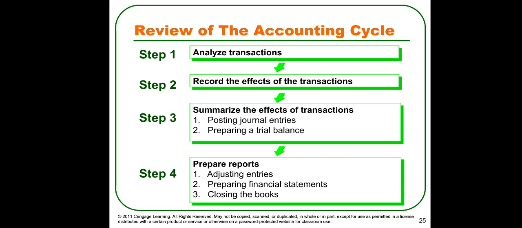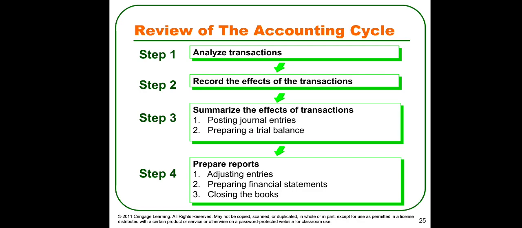And then step 7, you have to prepare the financial statement. In this course, you have to know how to prepare the income statement and balance sheet. You use the data from the adjusted trial balance to prepare the income statement and balance sheet.